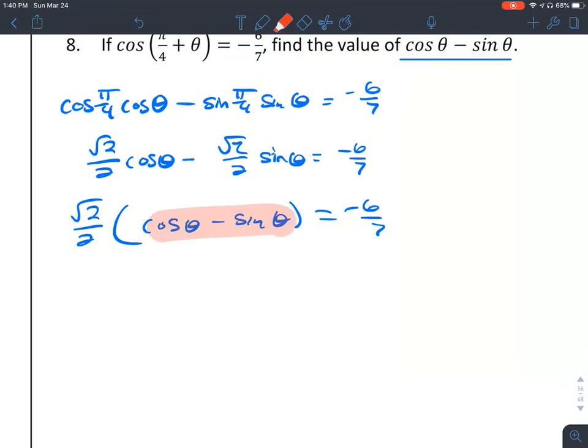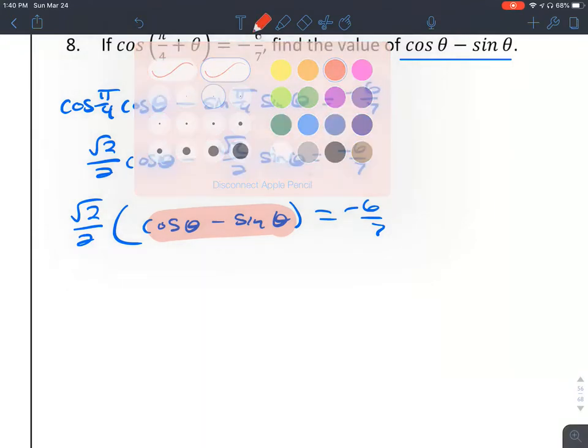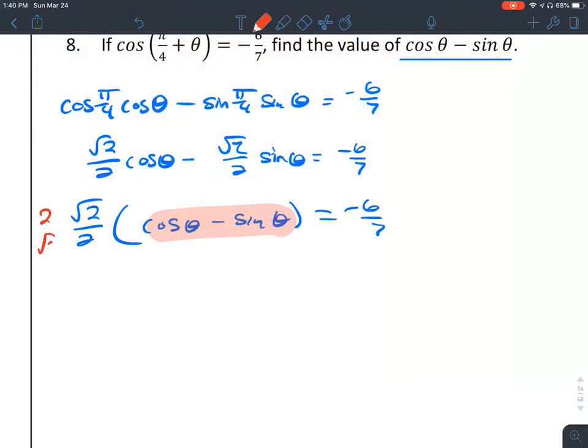Now we just need to get that by itself. So I'm going to multiply both sides by the reciprocal of this fraction. That's going to get this cosine of theta minus sine of theta by itself, because those cancel. That's going to give me negative 12 over 7 square roots of 2.